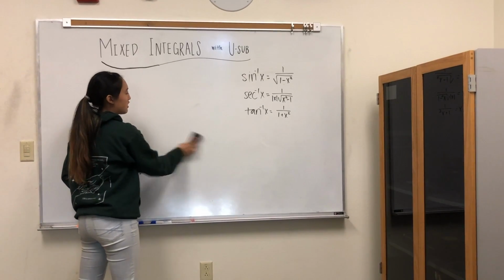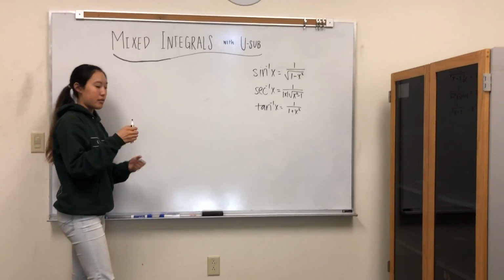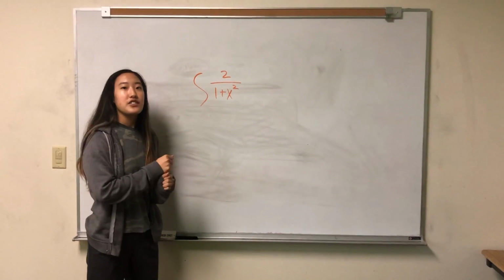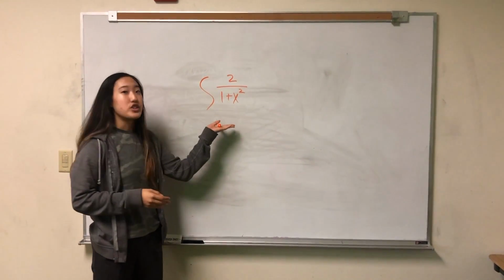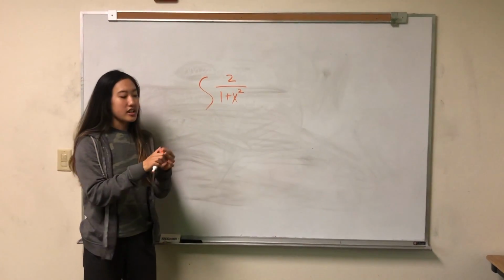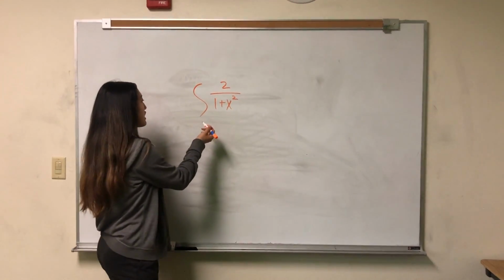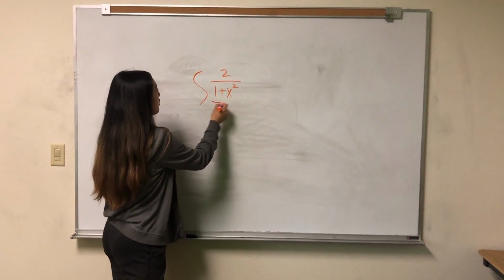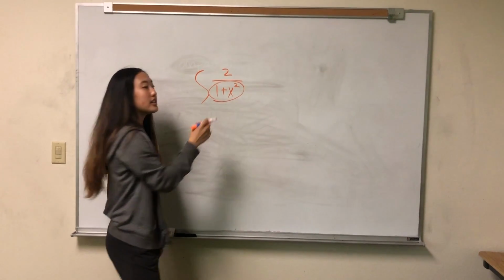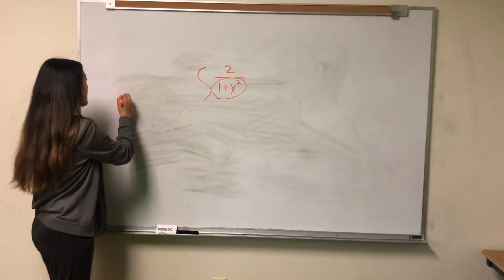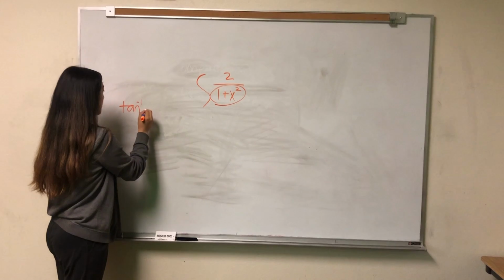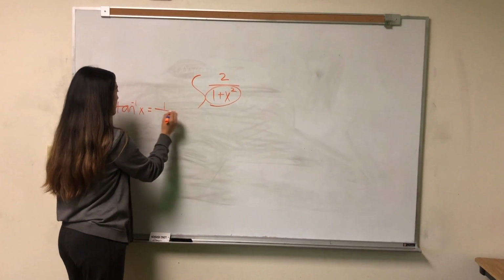And now, on to an example of a problem. So now I'll give you an example of what a trig identity function looks like. So with this indefinite integral, you can see that 1 plus x squared is what tan is. Tan, the inverse of tan is this.